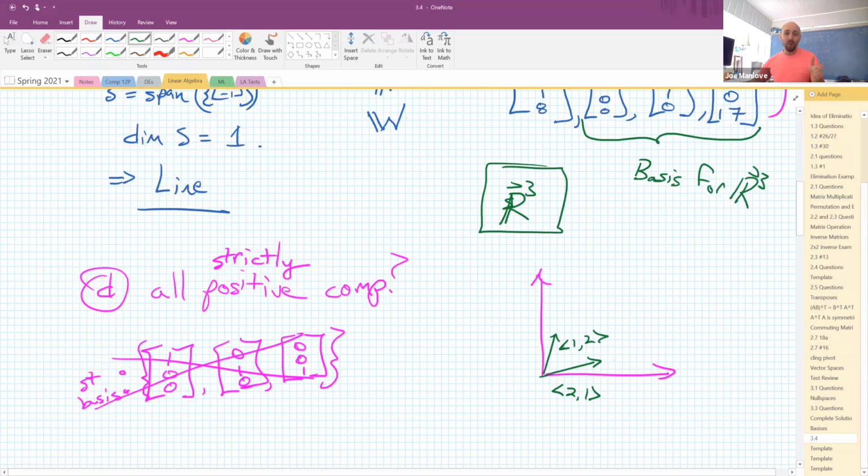Okay, so quick thing. The angle in between these is not 90 degrees, right? Does that matter? Did I say in my definition of a basis that thou shalt provide vectors that are perpendicular to one another?